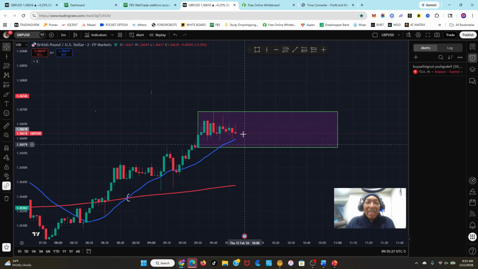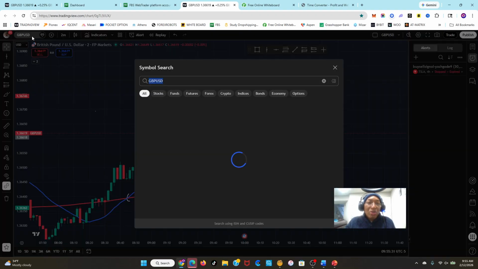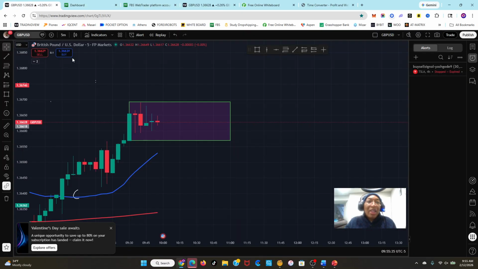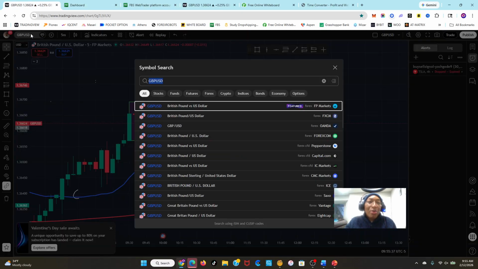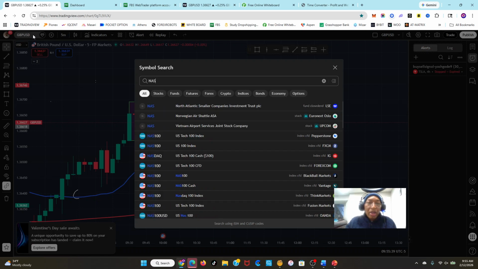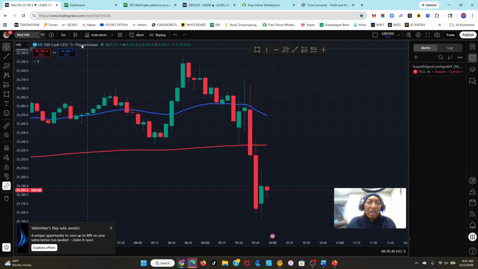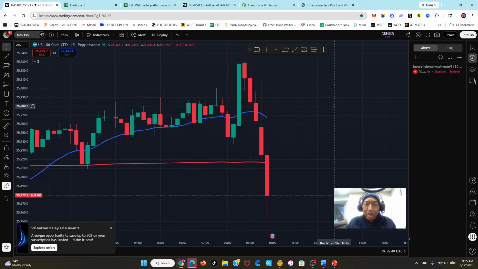Right now you guys can see the market is very slow. It's not moving fast at all. Let's go to the NAS100 and see how the NAS is behaving. Let's go to the 15-minute and mark the first 15-minute and see how it is.